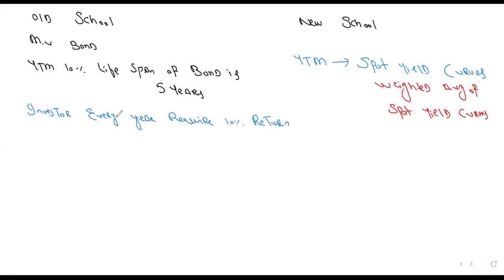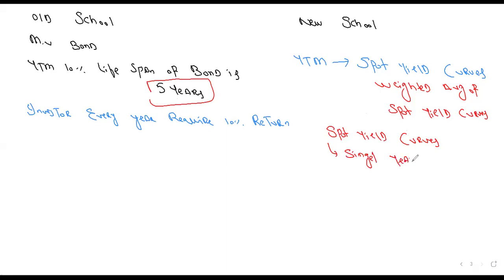Now, this YTM was applicable for the whole of the 5 years, the same return. But spot yield curves mean, spot means for a single year.